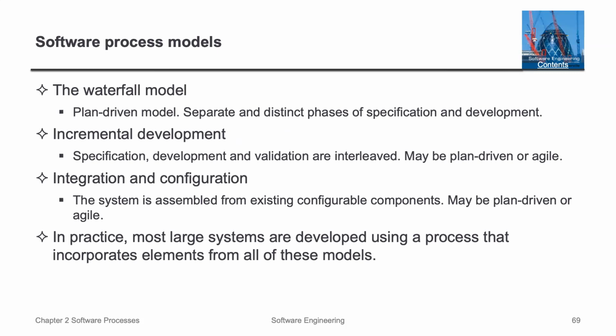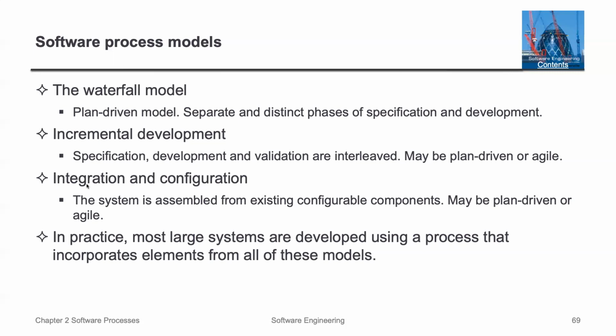Let's talk about software process models. We'll be talking about several. First is the waterfall model. This is a plan-driven model. It has separate and distinct phases of specification and development. Another model is incremental development. The specification, development, and validation are interleaved, and it may be plan-driven or agile. We'll be talking about these terms, agile for example, in more detail.